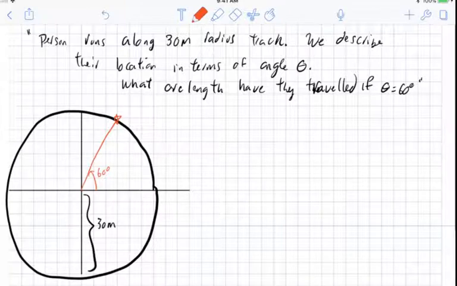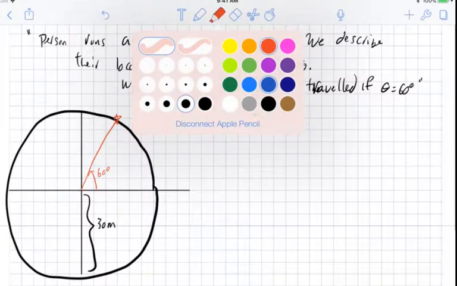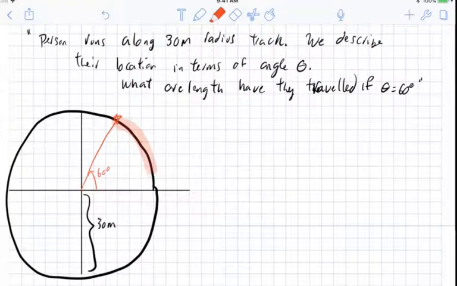So this arc length problem is asking how long this curved line is. It's actually a super difficult problem to tackle.